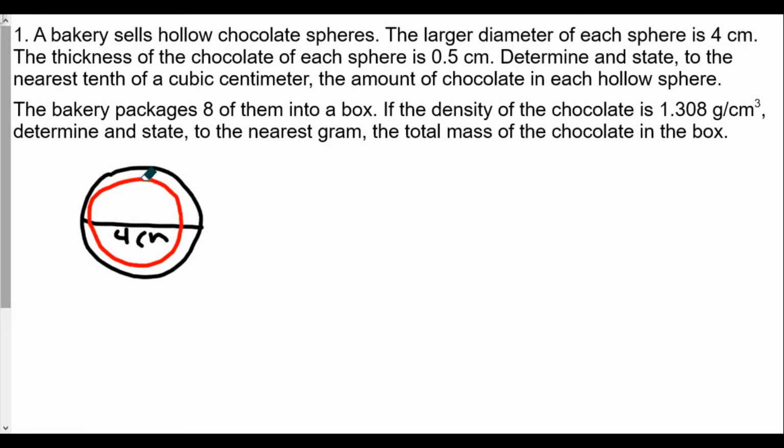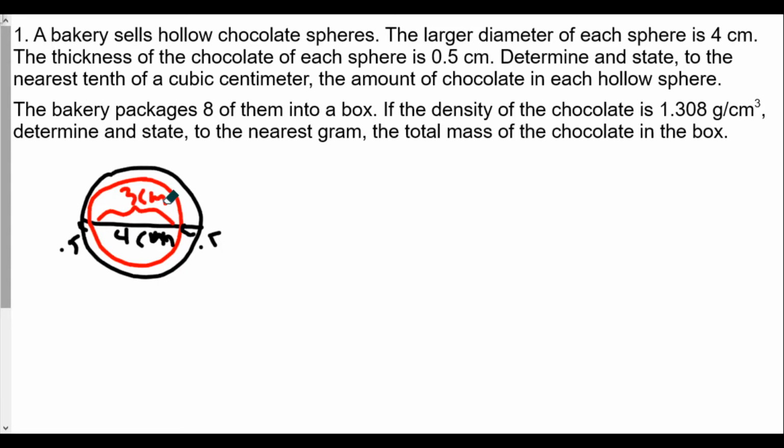If the thickness is 0.5 centimeters on each side, and I take away 0.5 twice from the whole diameter, the diameter of the inside sphere would be 3 centimeters.